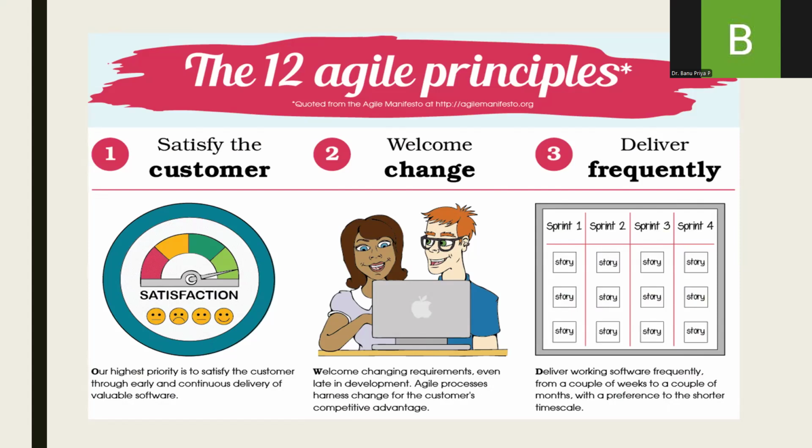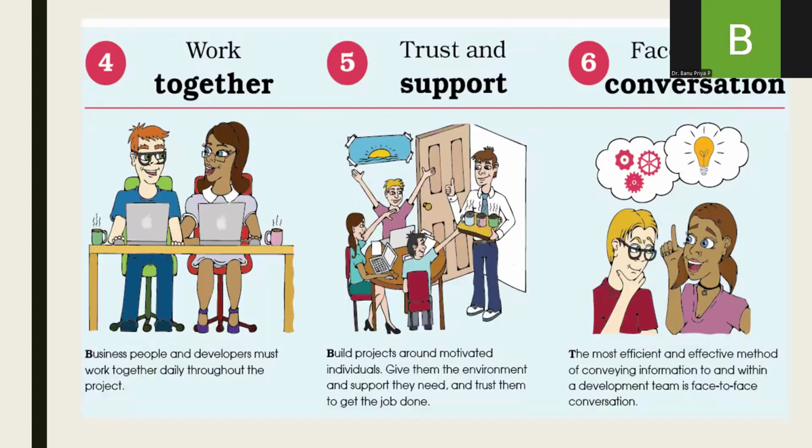Delivering the working software frequently, from a couple of weeks, that is a sprint, to a couple of months, with a preference for the shorter time scale. The timeline is a flexible one, but delivering the outcome frequently is very important in the agile principle. The fourth agile principle is working together.